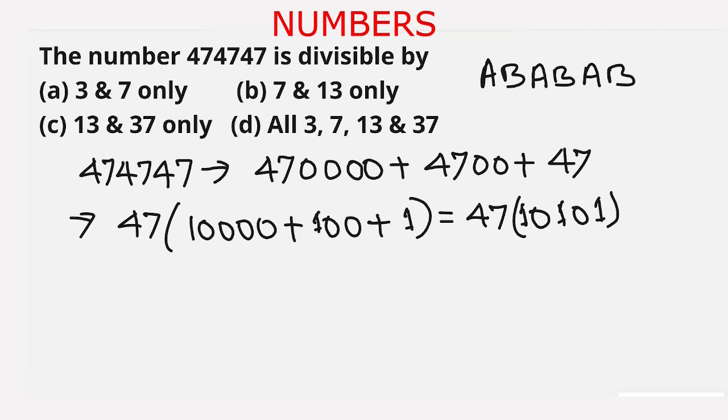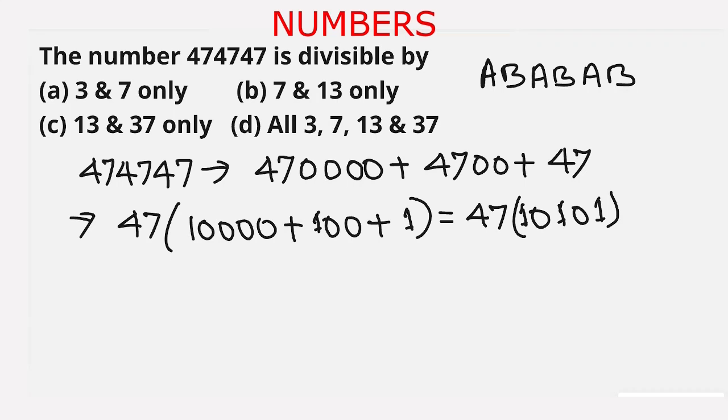And if we divide 10101 by 37, 37 times 2 is 74. 74 when subtracted from 101, we get 27 and we carry 0, so it becomes 270. And 270 when divided by 37, it divides 7 times, and 7 times 37 is 259. 270 minus 259 is 11.